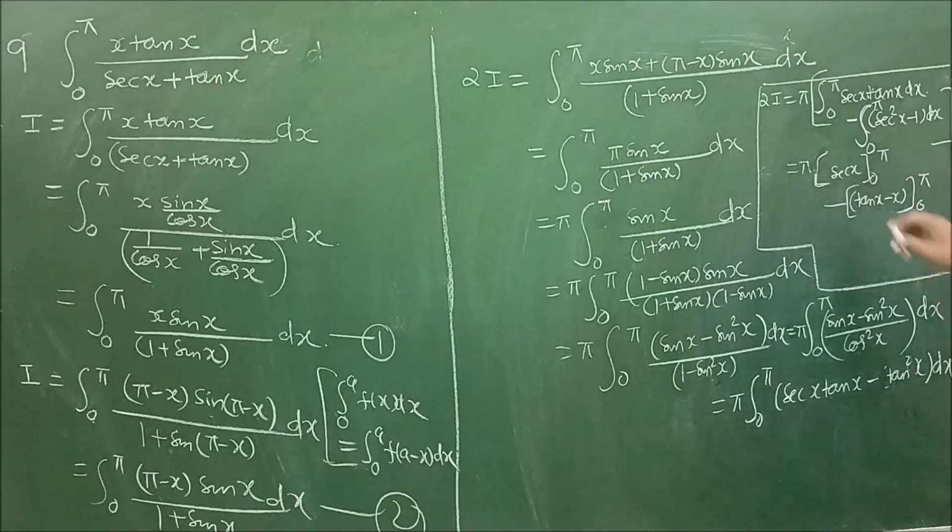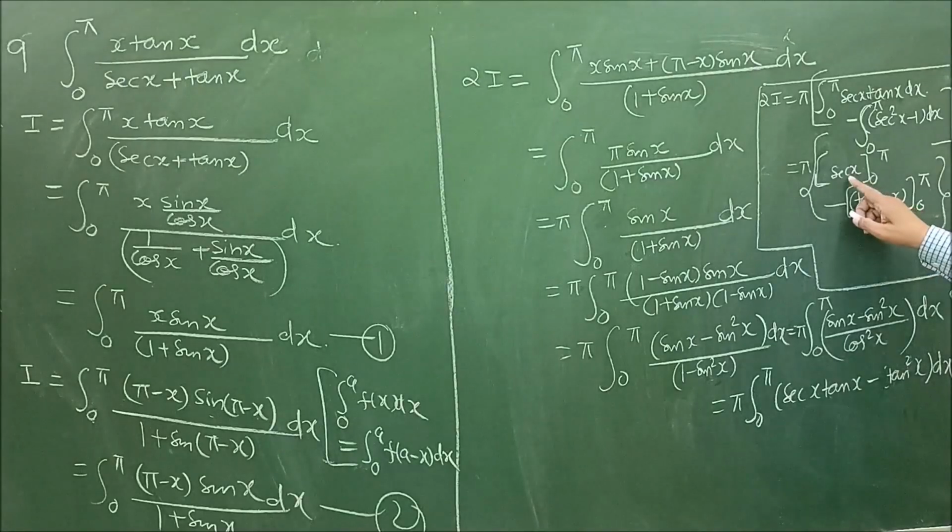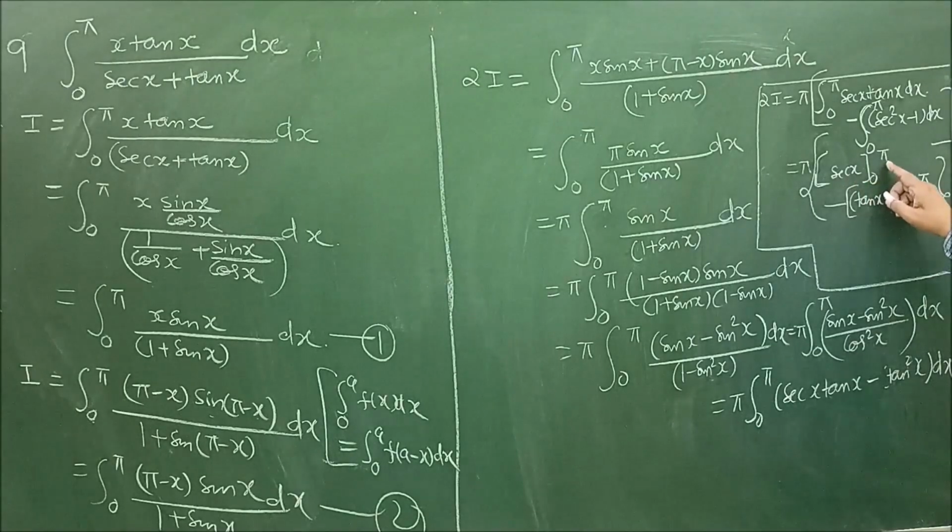Now this pi is outside the whole value. Now let us solve it further. Putting the value of the upper limit, sec pi minus sec 0.